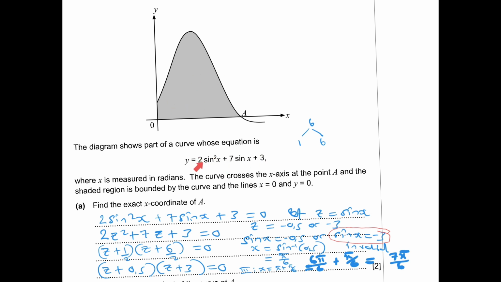But to integrate this expression here, we can't integrate sine squared x as is. So what we need to do is, of course, we need to write this in terms of the double angle of cos. So you need to apply or use the double angle. Of course, it's there in your formula sheet. So you convert it into cos 2x as they are saying there. That's actually the tip that they are giving us there.